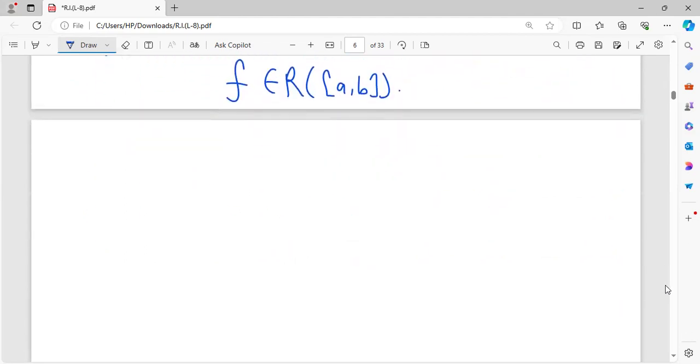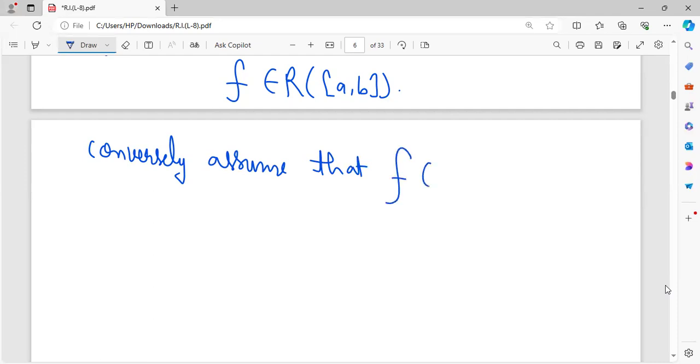Now, conversely, assume that f belongs to R[a, b].